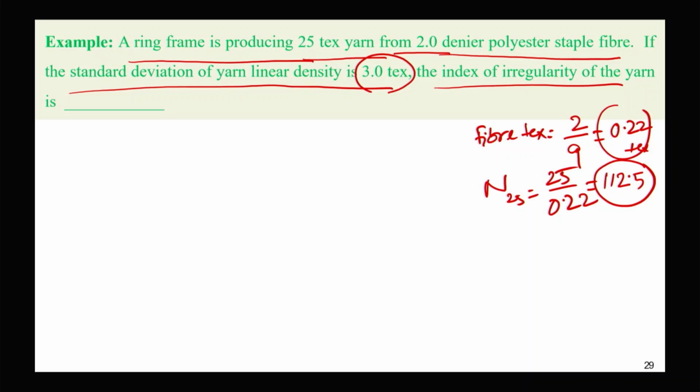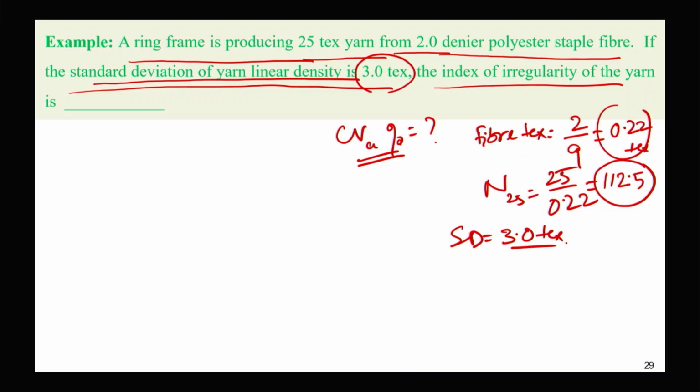Now we have to calculate the actual CV. What is the CV actual percent? In place of the CV percent, the standard deviation is given: 3.0 tex is the standard deviation of linear density. The mean linear density is 25 tex.